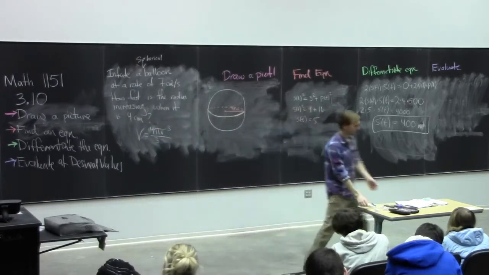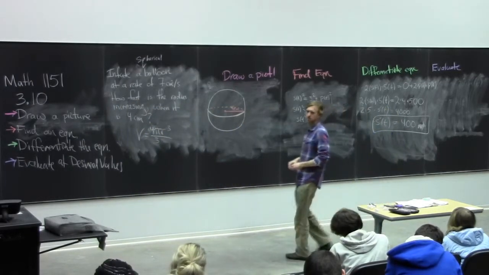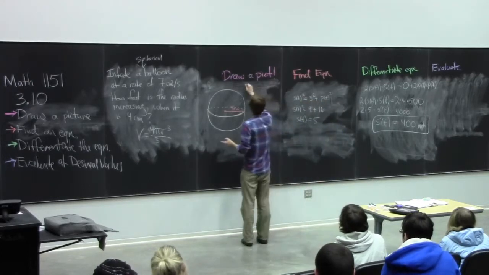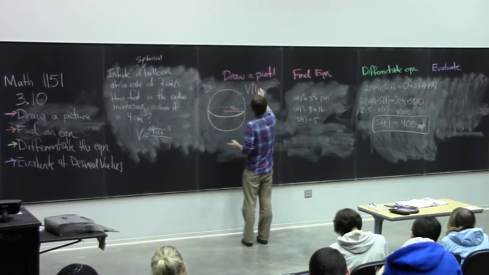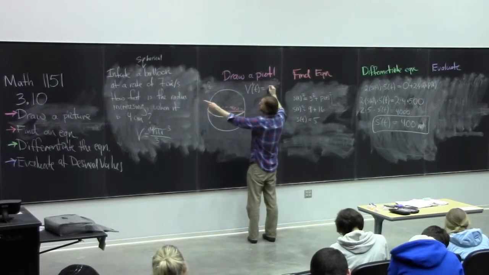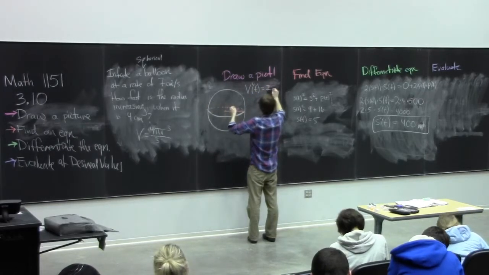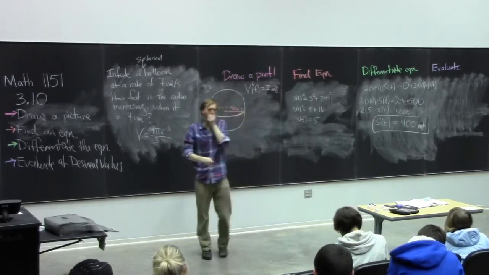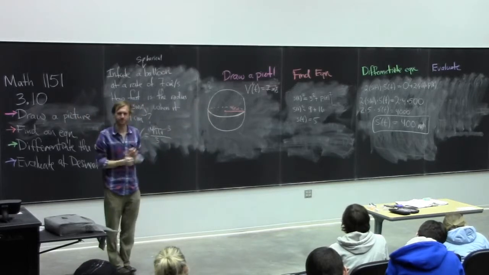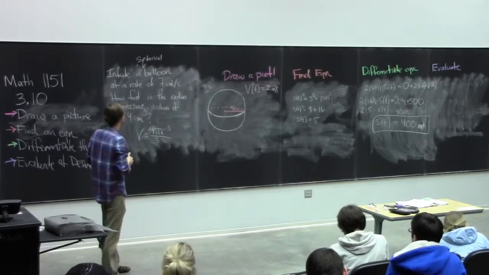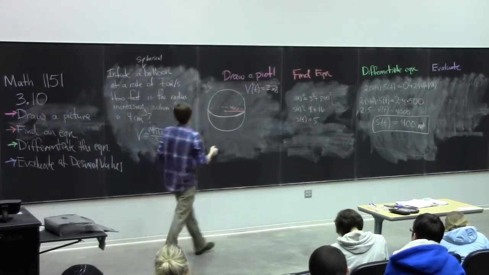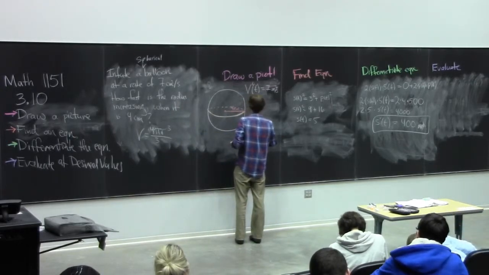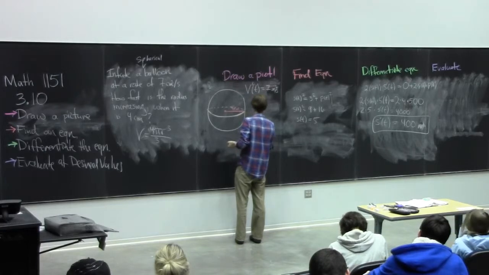And how fast is the volume changing? Oh, 7 centimeters cubed per second. So V prime of t is equal to 7. It's getting bigger, right? And we know that volume is equal to 4 pi r cubed over 3.